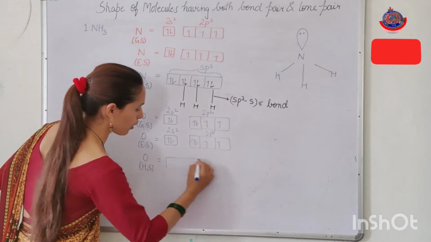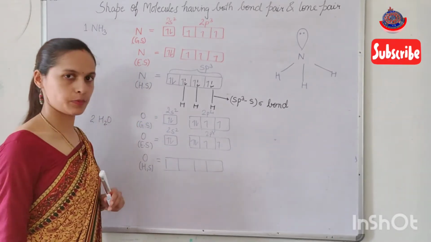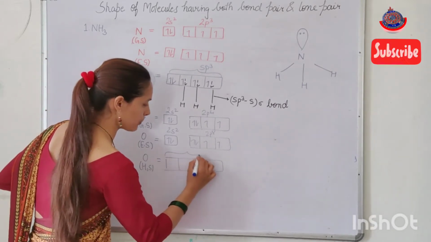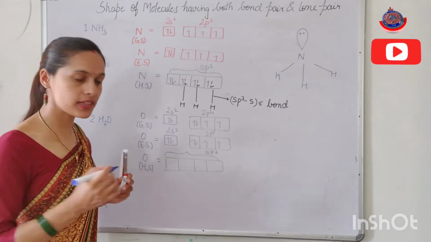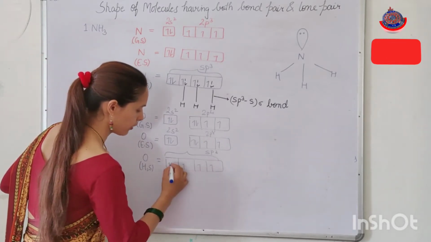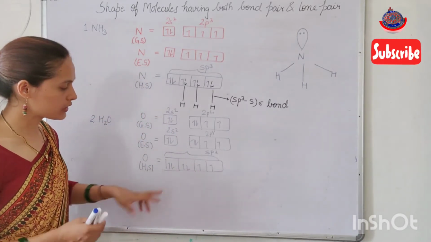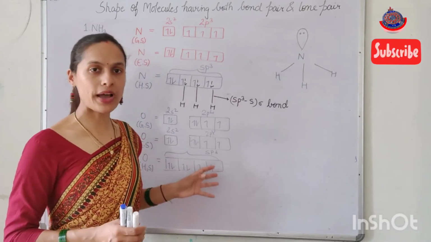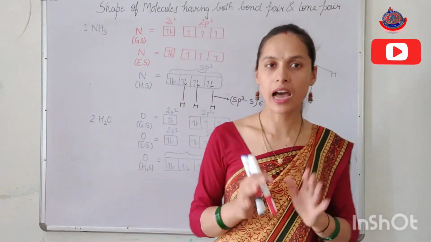all these 4 orbitals will combine to form 4 hybrid orbitals, and the name of these 4 hybrid orbitals is sp3. And if I fill the electrons, 1, 2, 3, 4, 5 and 6, it means out of these 4 hybrid orbitals, 2 hybrid orbitals are fully filled and 2 hybrid orbitals are half filled.